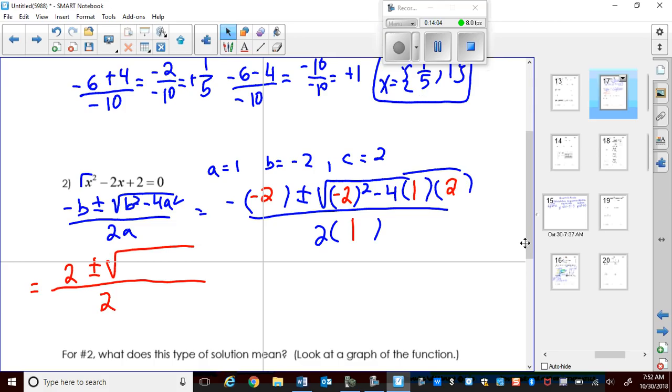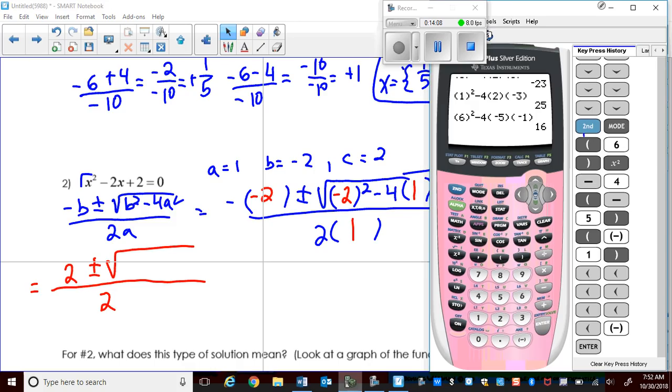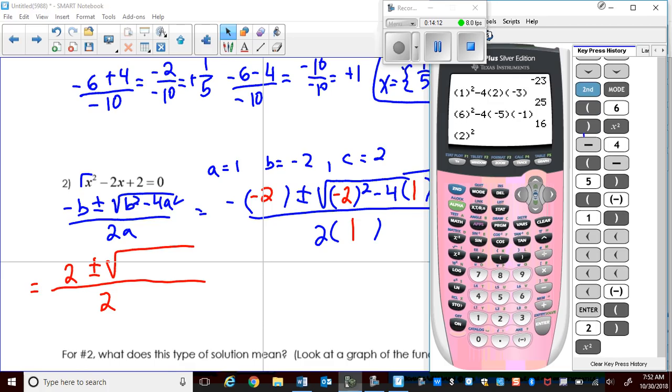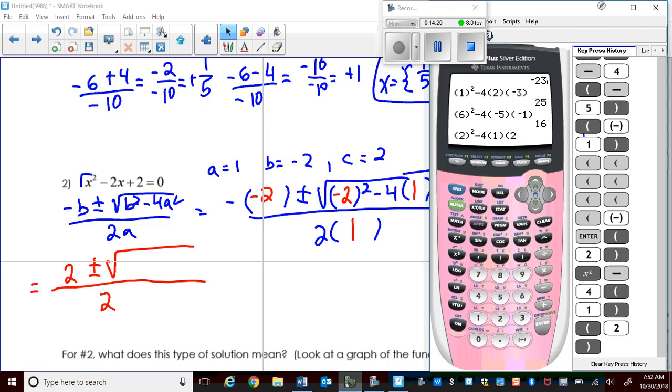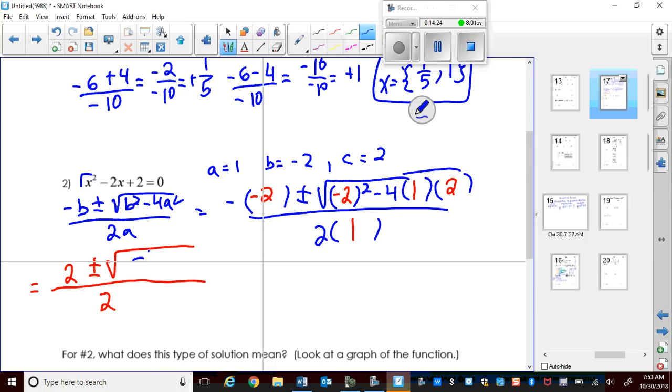So on the inside, I get, let's see, 2 squared minus 4 times 1 times 2. And I get negative 4. This is a complex number. So we're going to produce two complex solutions.